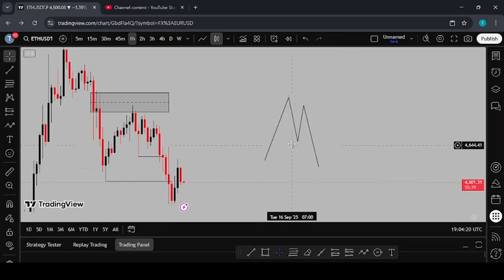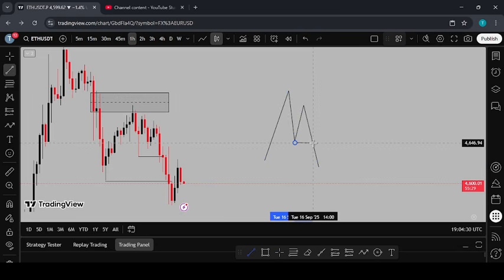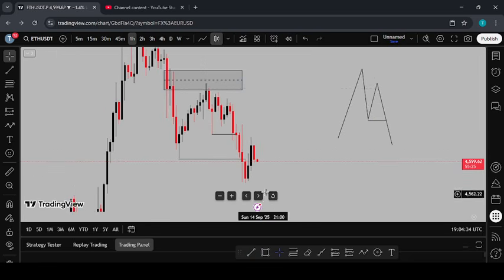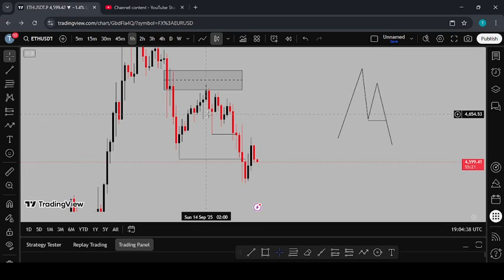So this is your point of interest. I'm just giving you this example. This was the one that tapped into point of interest. Now we have the market structure shift. An aggressive trader would have taken his trade and TP here beautifully because he can take the risks. He has seen the move several times in the past and is aware of what he's doing.